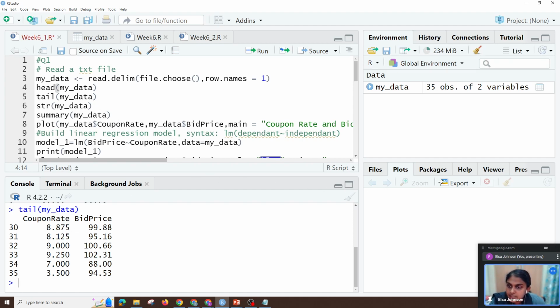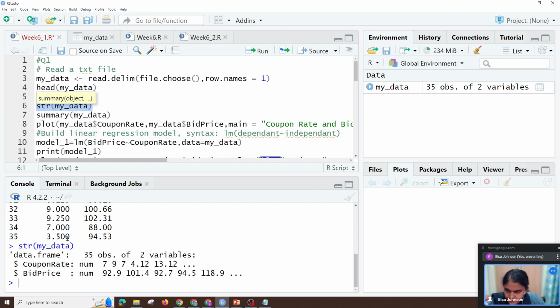Now if you want to find out the data types of the columns, it will show you how many observations there are and what the data type of each column is.